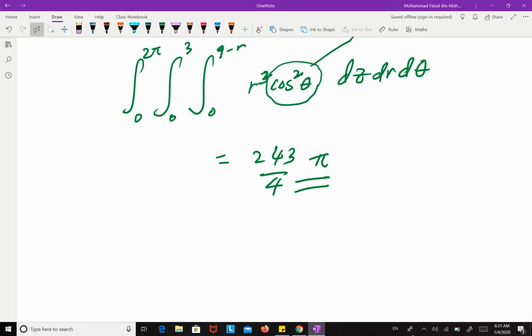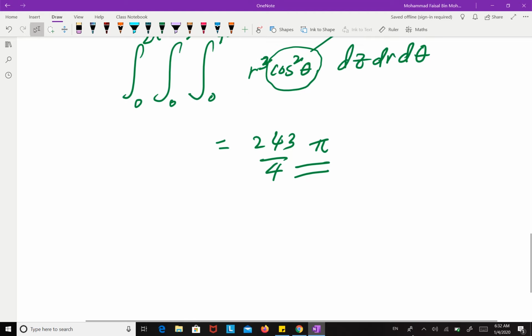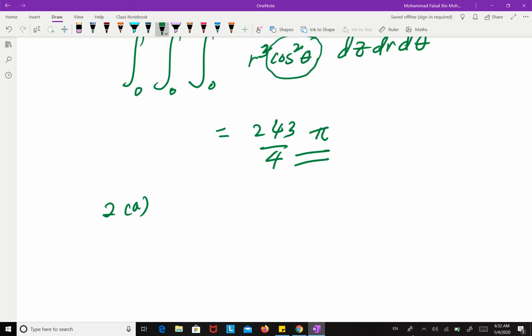Okay, next, B. I think number 2, question 2. Example 2, question 2, where the limits are given. Example 2a.